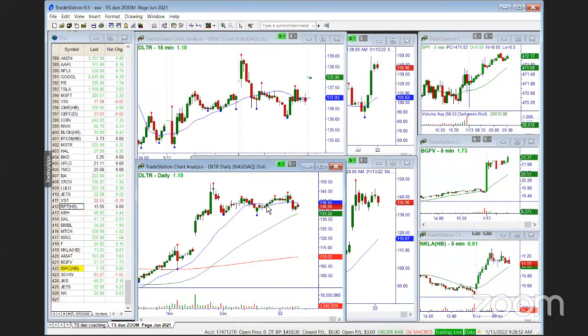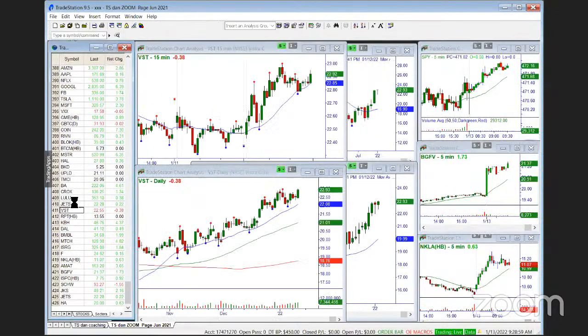Dollar Tree. Yeah, under the green bar is fine, Scott. VSTs, just a breakout trade, bullish consolidation. There's been a few stocks lately where I've pointed out moving averages like this.